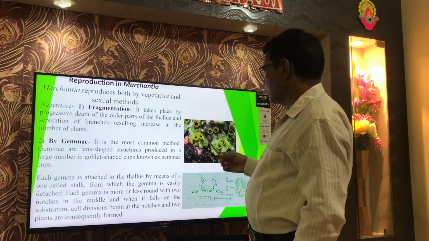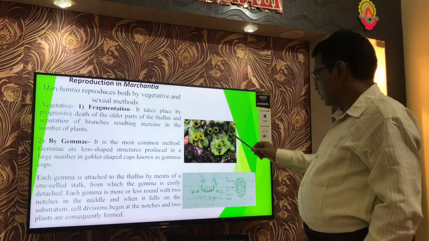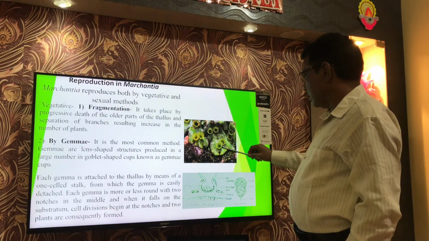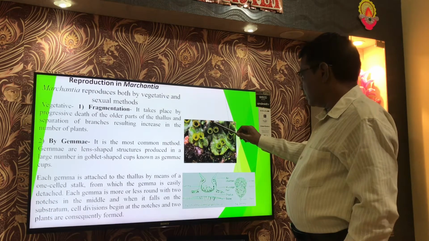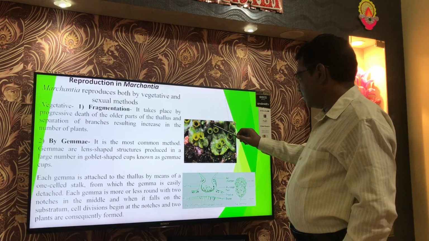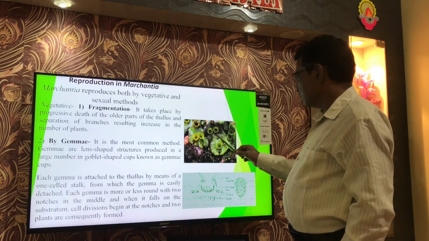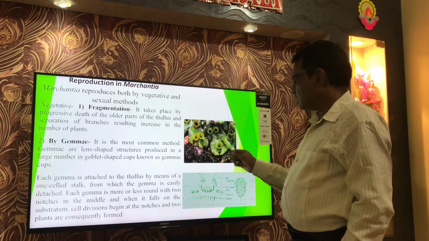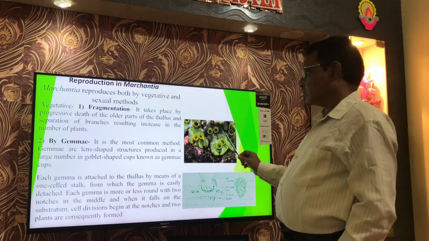As the thallus grows, there is progressive death of older parts. If you observe this, a thallus growing here for a long time, the basal portion usually dies, and due to the progressive death of this basal portion, the lateral branches or dichotomously formed branches get separated from each other, and each such branch again acts as a new gametophytic thallus of Marchantia.